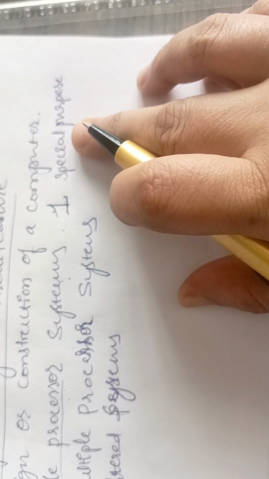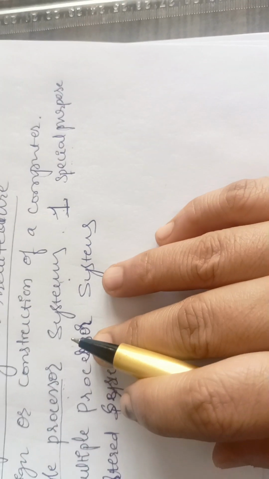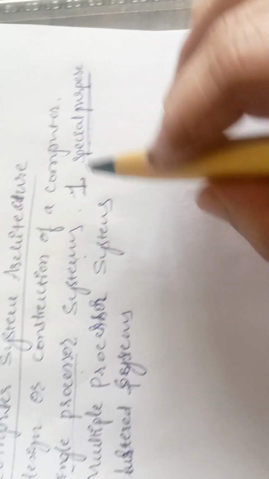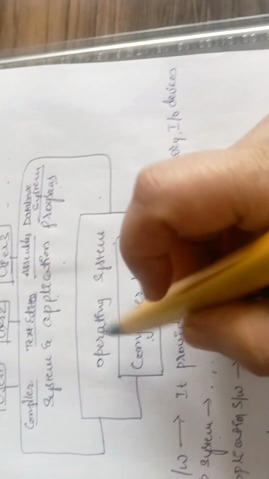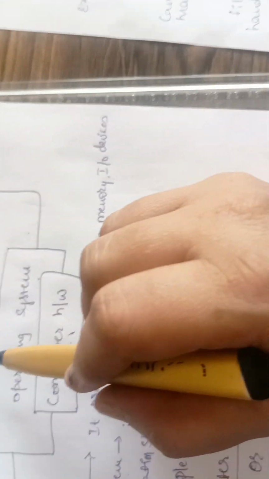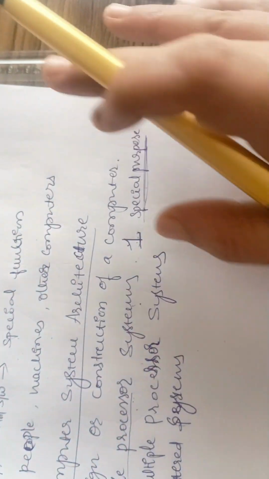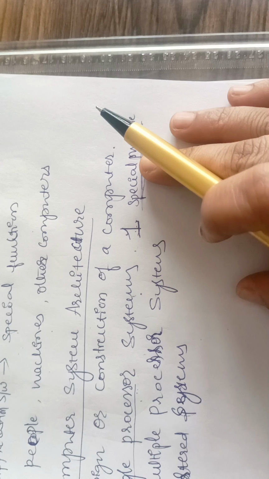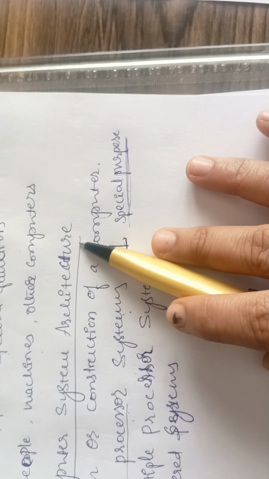A special purpose processor, like an input output processor, moves data rapidly among different components of a system. These processors execute only limited system programs that do not run the user program. It won't run the user program.